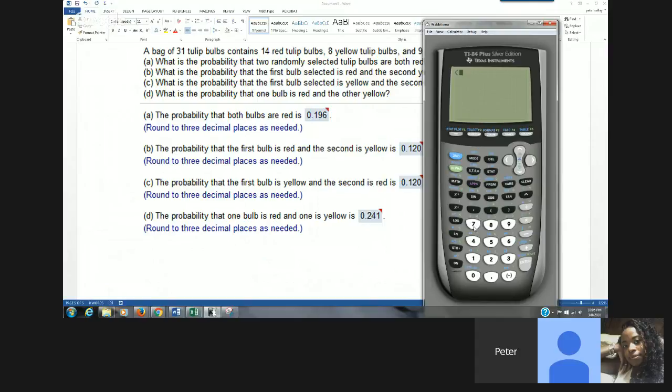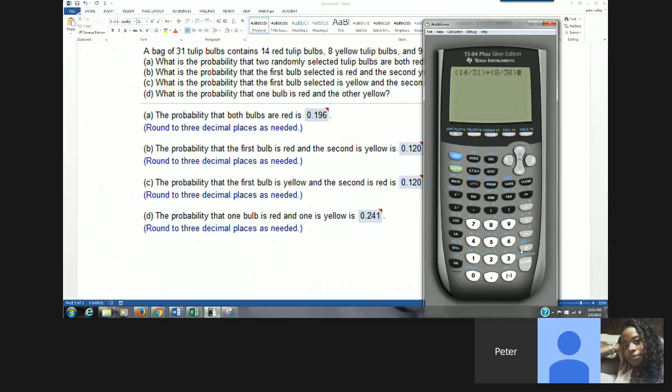So if we start with, what happens if I get the red one first? Well, there are 14 red, and there are 31 total, so 14 out of 31. And then the likelihood that I got a yellow one, there's 8 yellow, but now I don't have 31 anymore, I have 30, right? Okay. But that scenario is if I got the red first and then the yellow.